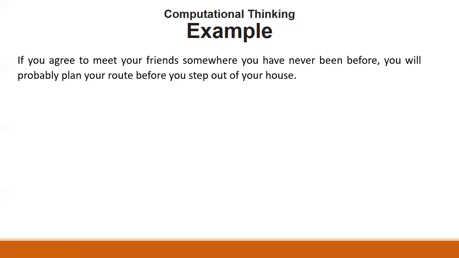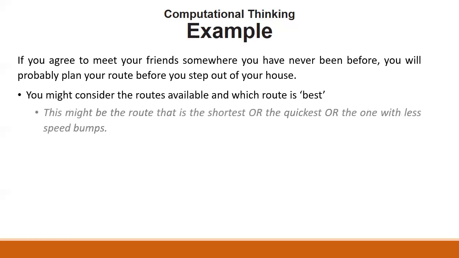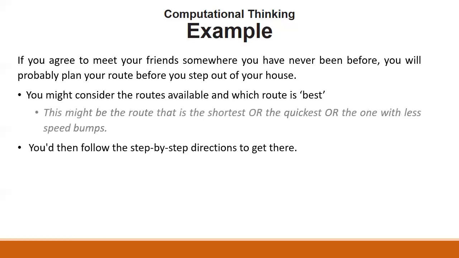You could use that as a way of measuring which of the possible routes available would be best for you. And once you've done that, then you get your step-by-step instructions on how to get there. You know, turn left here, turn right there, that kind of thing. And that can be done by Waze or by Google Maps, but you have to decide which one you're going to do, right?